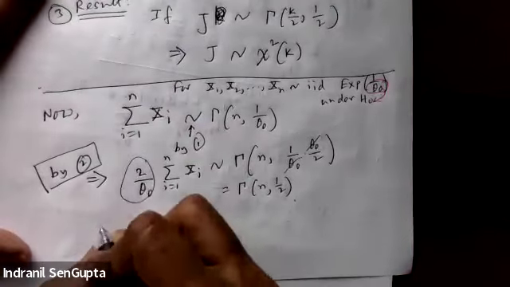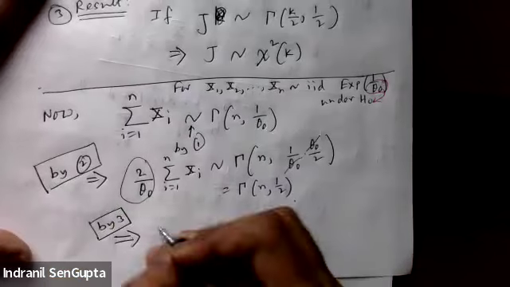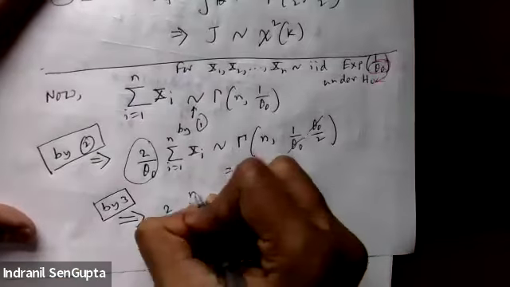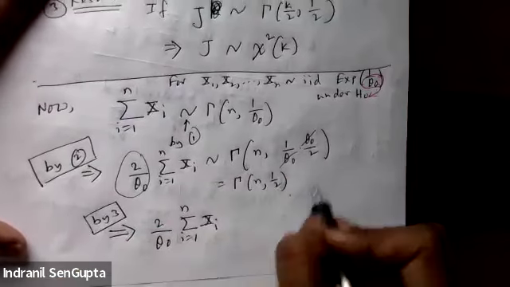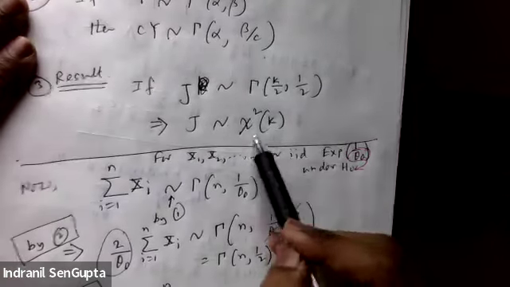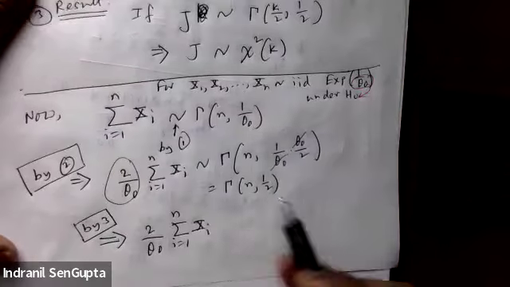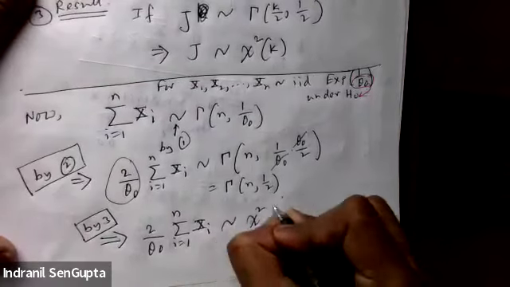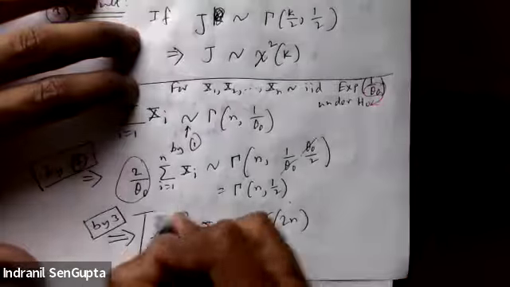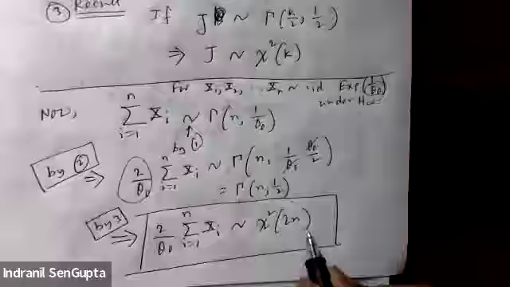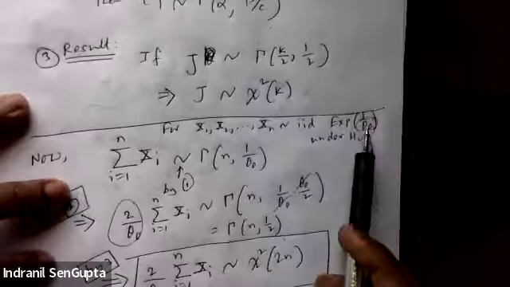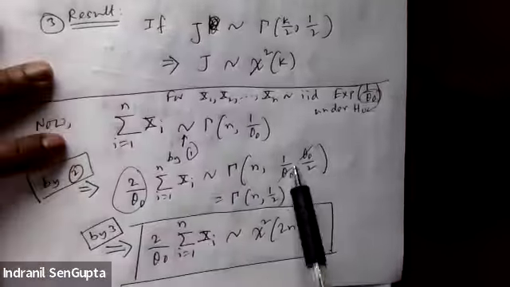So that means by 3, this quantity 2 over theta 0 times the summation of x_i, what is gamma of n comma 1/2? If it's k over 2 comma 1/2, it's the same as chi square k. So if it's n comma 1/2, it follows chi square of 2n. So this quantity satisfies the chi squared of 2n distribution, provided the x_i's are independent IID following exponential distributions, right?